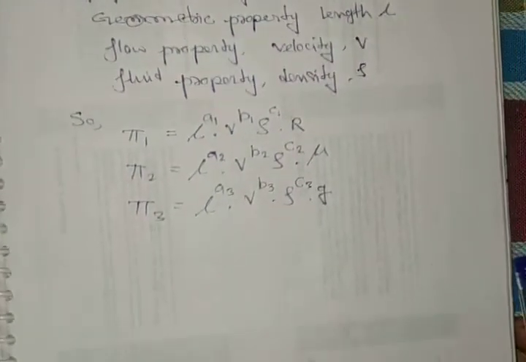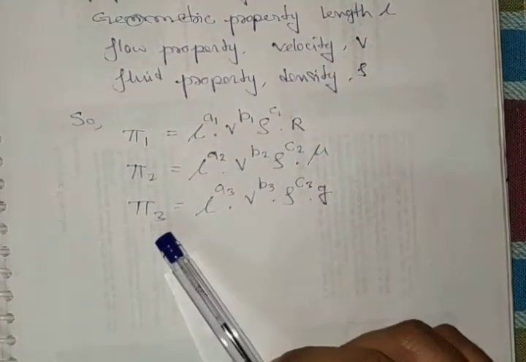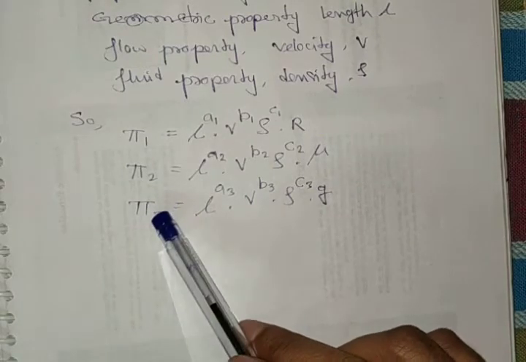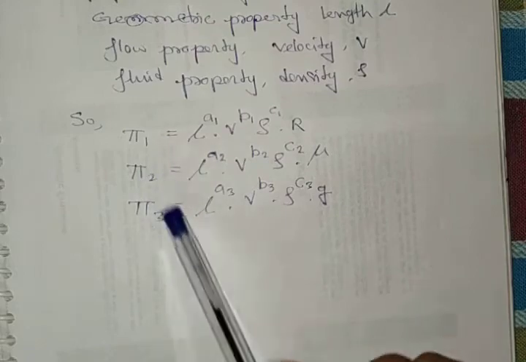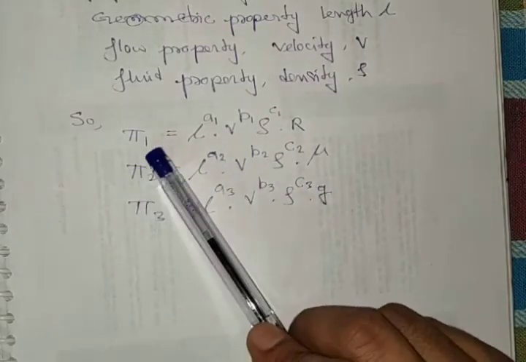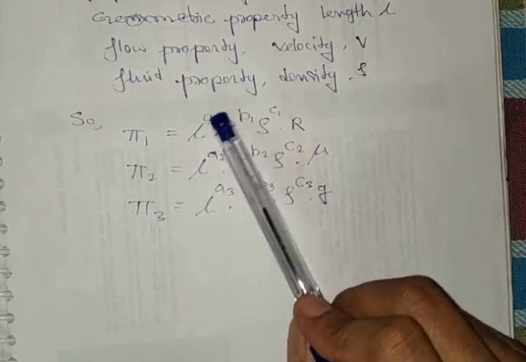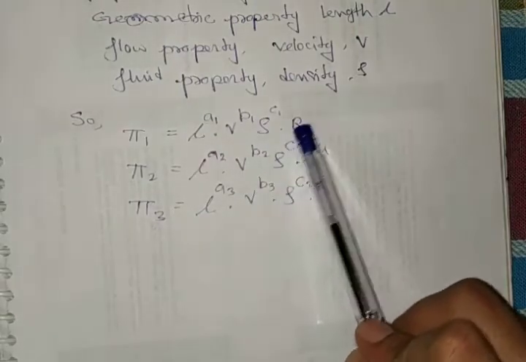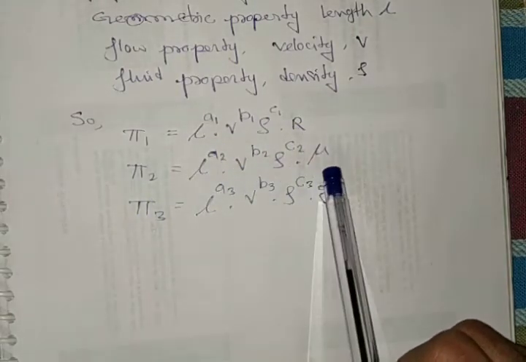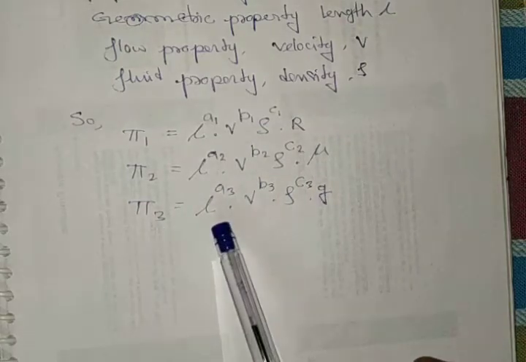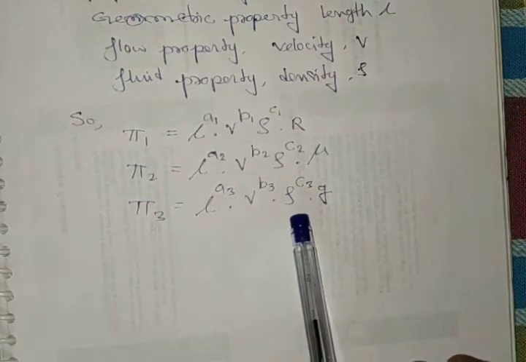Now the 3 dimensionless pi terms can be represented as: pi 1 is L V rho R, pi 2 will be L V rho mu, pi 3 will be L V rho g.